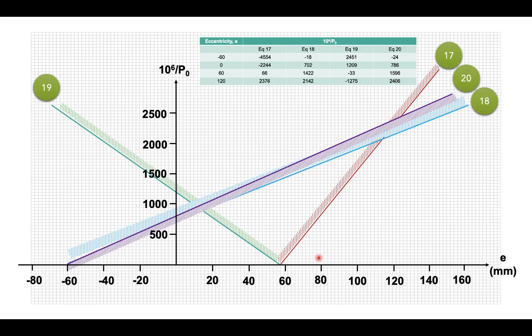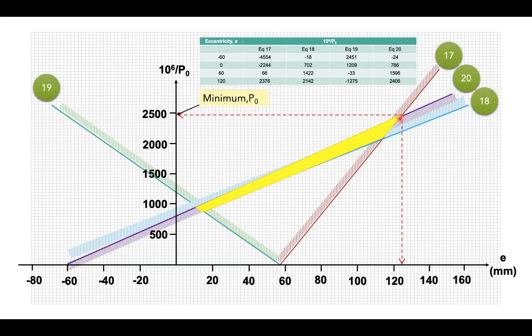Based on this, we can plot the permissible area that is allowable for our section. Then based on this, we will be able to determine the highest value within the permissible zone, and also the lowest value, right?